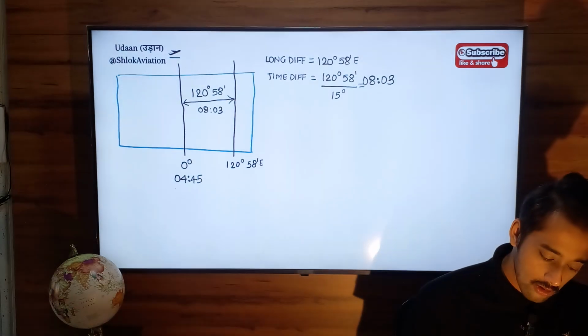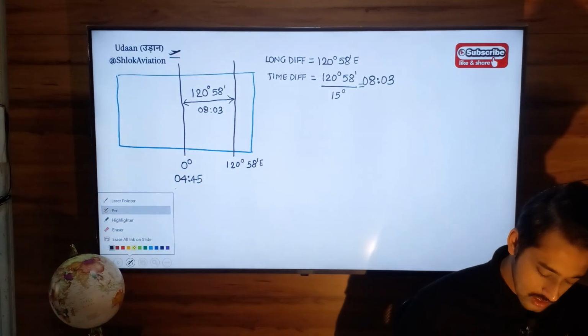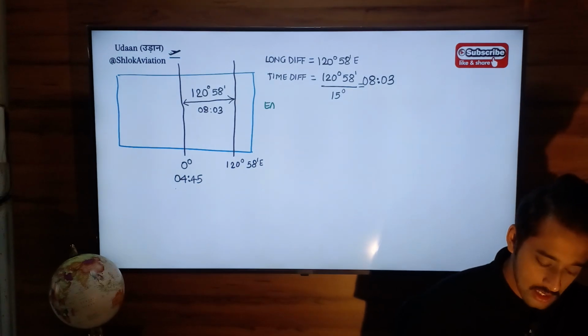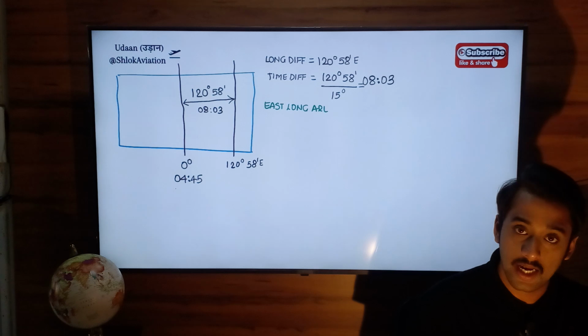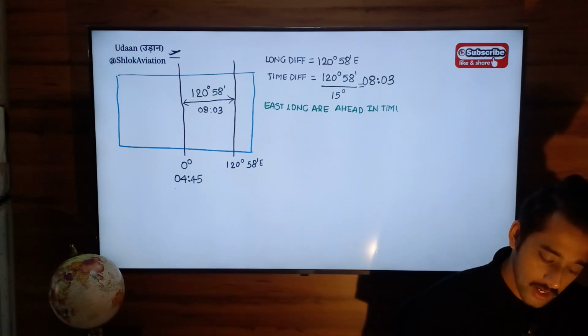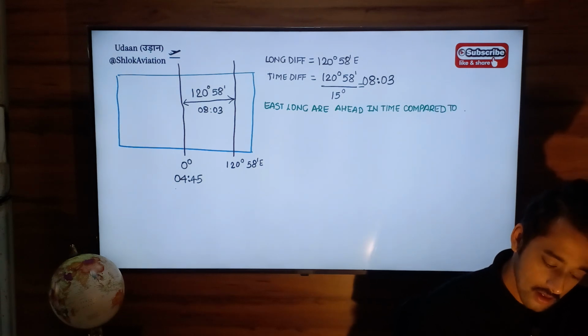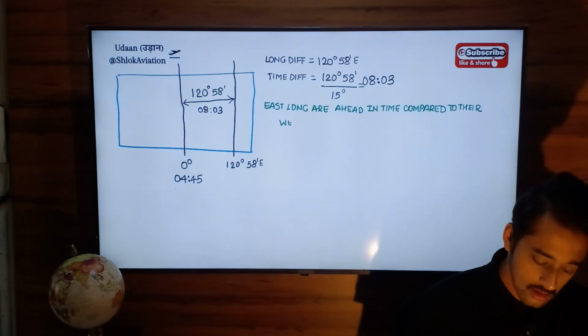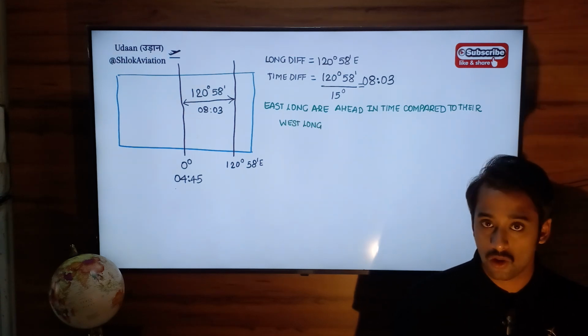Now, eastern longitudes are always ahead in time compared to their western longitudes.